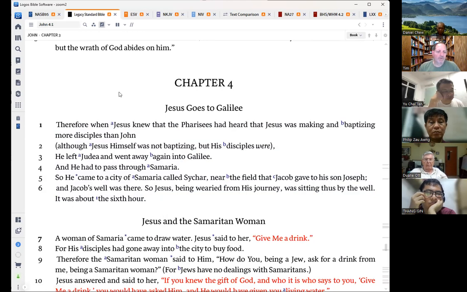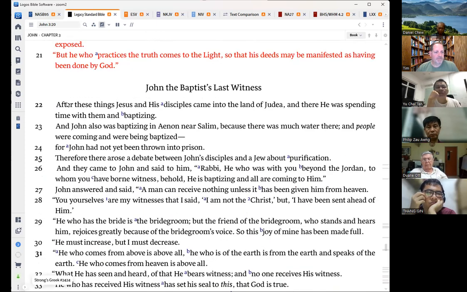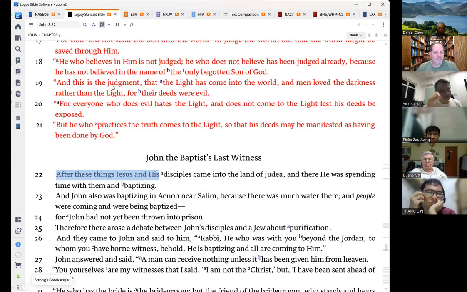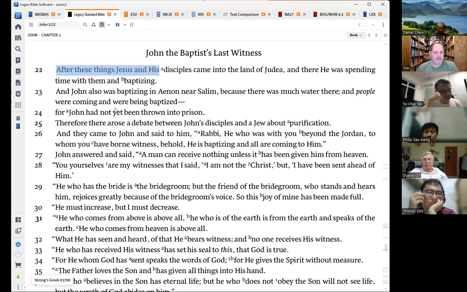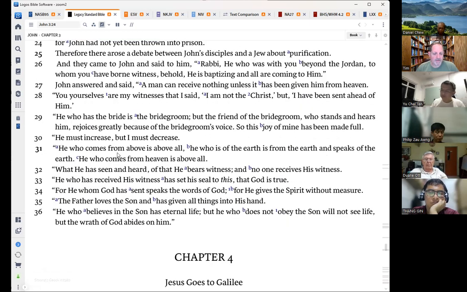And so we have these connections as you can look at each of the stories. For example, in John chapter 3, after these things, following the events of Nicodemus, John the Apostle then describes events related to John the Baptist and the identity of Christ.